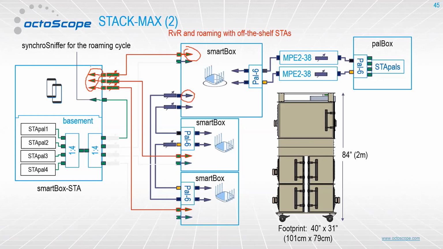This thing that I just circled here represents 2 antennas. The reason it's 2 is because most station devices are 2 by 2, so we can support the maximum number of spatial streams in any link in these test beds.